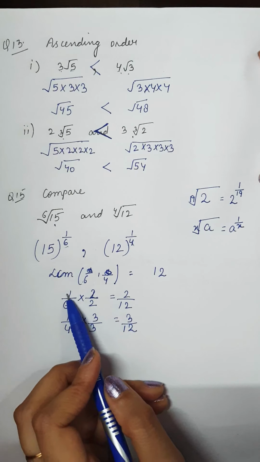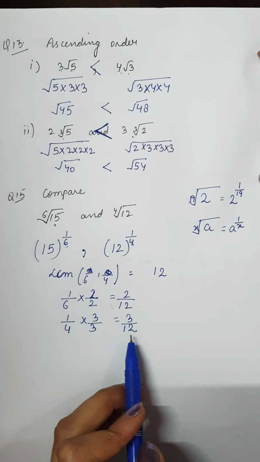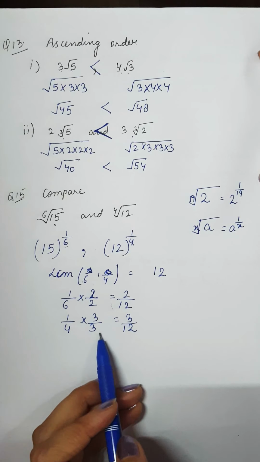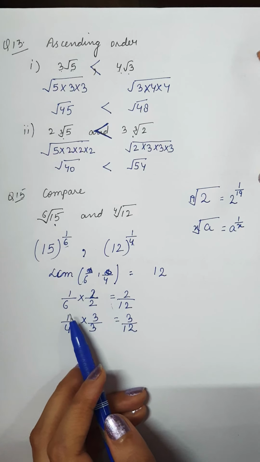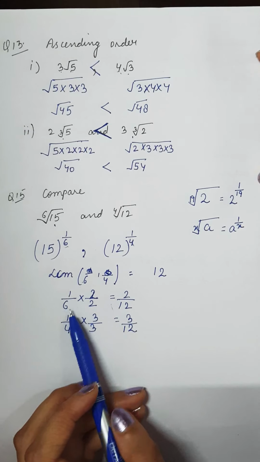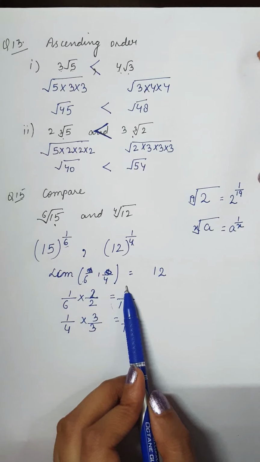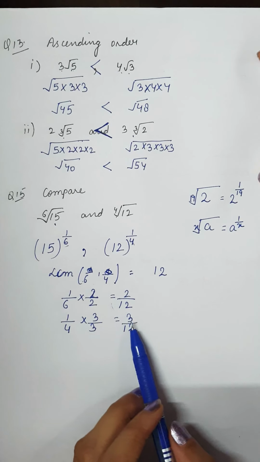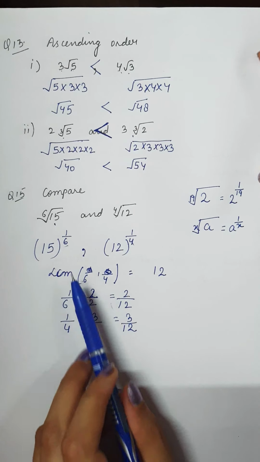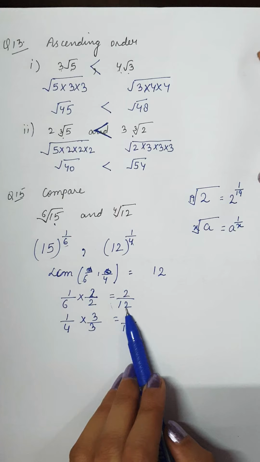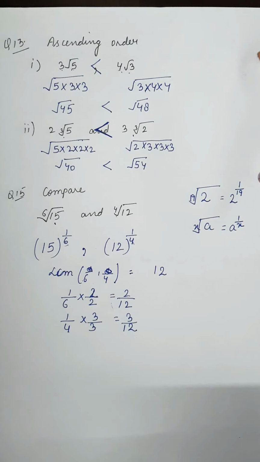Multiplying 6 by 2, I get denominator 12, and multiplying 4 by 3, I get denominator 12. In junior classes we studied that 1 by 6 and 2 by 12 are equivalent fractions. Same way 1 by 4 and 3 by 12 are also equivalent fractions. So in place of 1 by 6, I am putting the value 2 by 12, and in place of 1 by 4, I am putting the value 3 by 12.